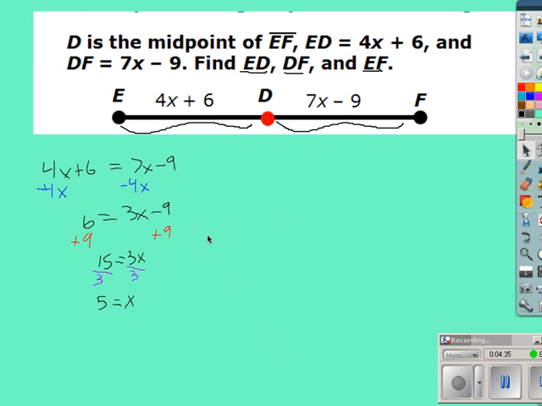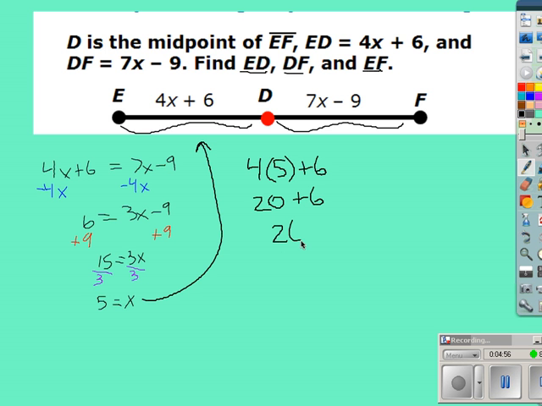I'm going to take this information about x and plug it in. So if I want to find ED, I'm going to do 4 times x, and x is 5, plus 6. So we got 4 times 5 is 20, plus 6, 26 is how long ED is.